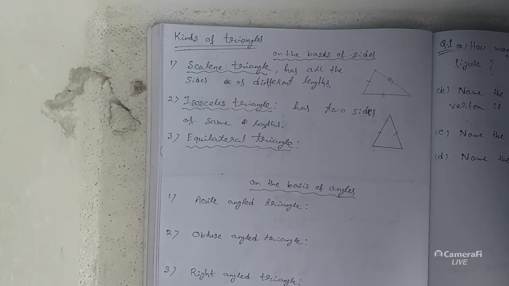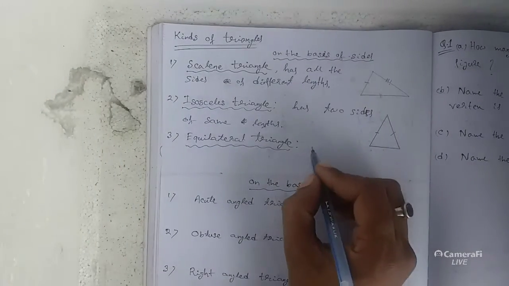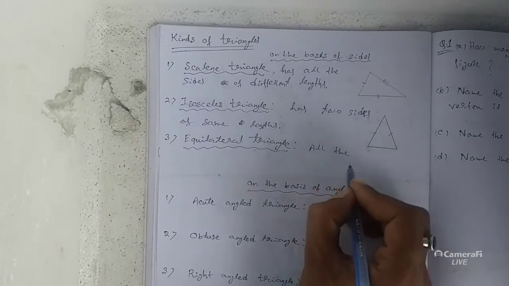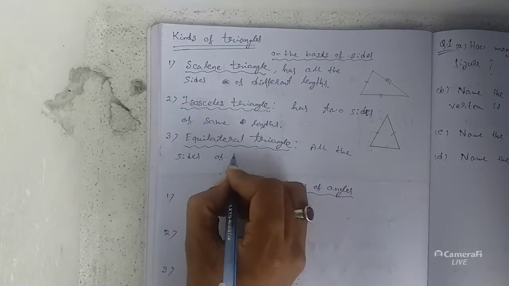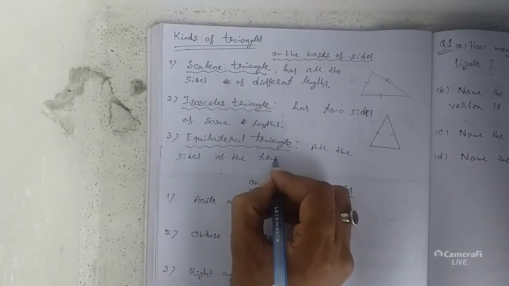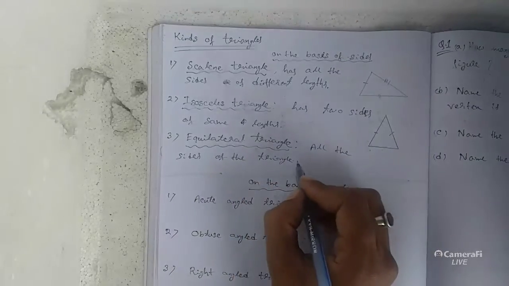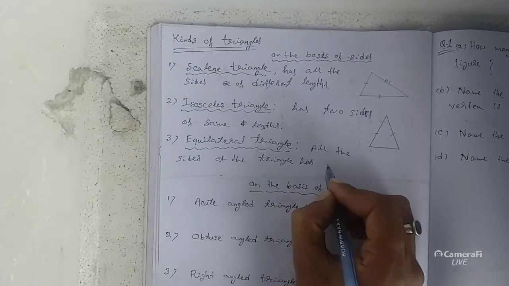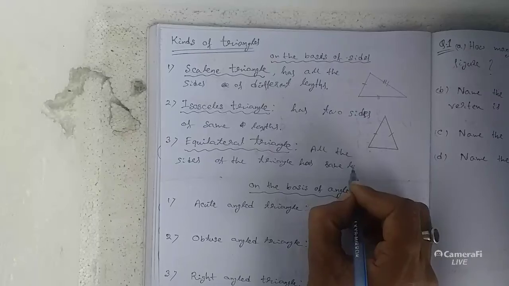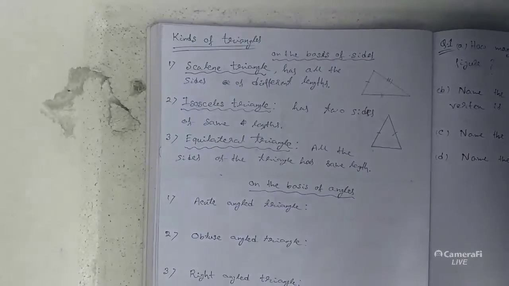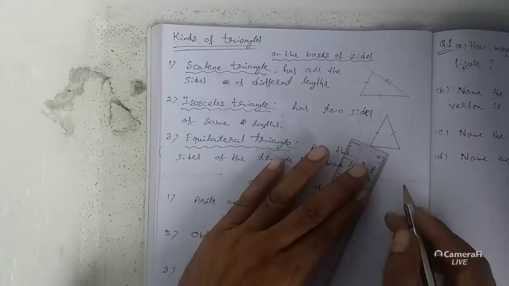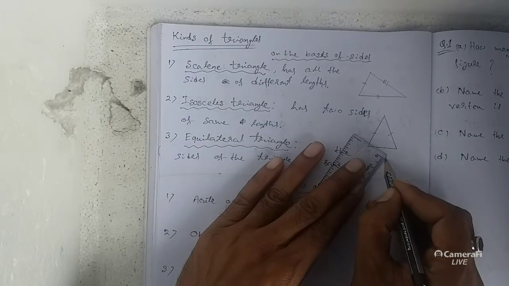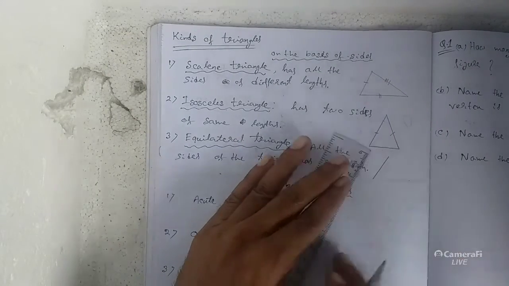In an equilateral triangle, all the sides of the triangle have the same length, just like this type.